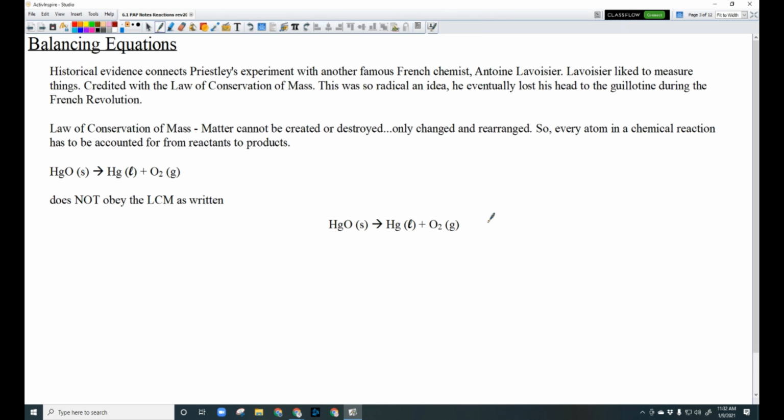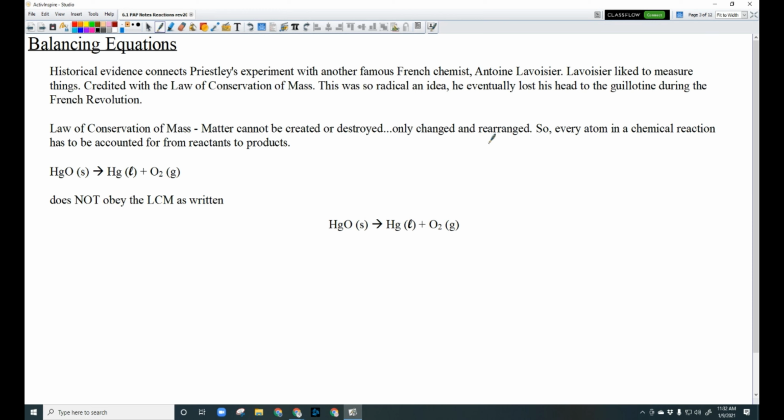Well, historical evidence connects Joseph Priestley's experiment with the decomposition of mercury(II) oxide to another famous chemist. He's a French chemist. His name is Antoine Lavoisier. The oi in French makes a w sound, so it's Lavoisier. Okay. And Lavoisier liked to measure things.